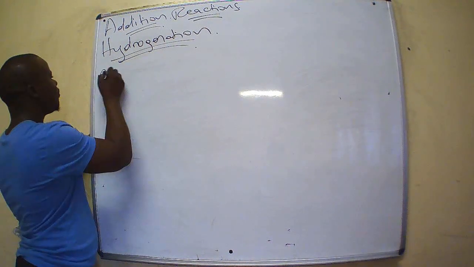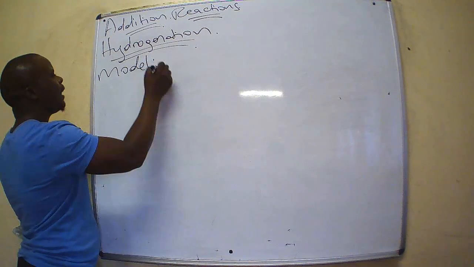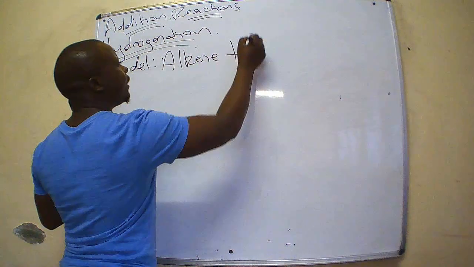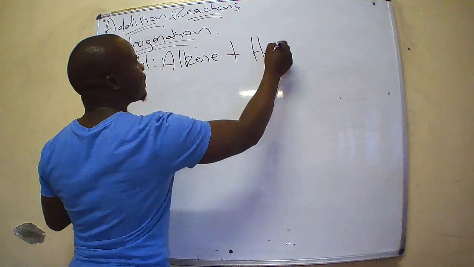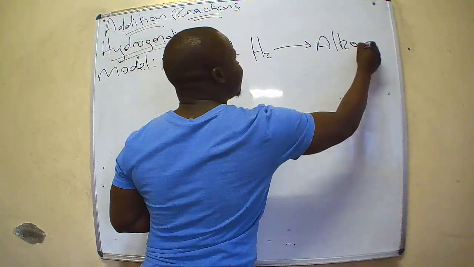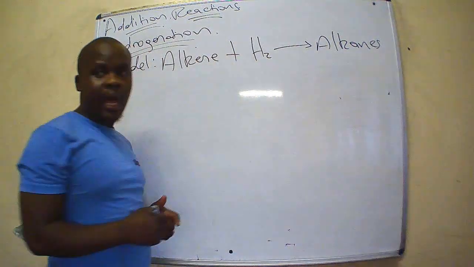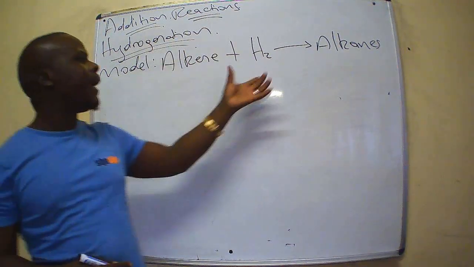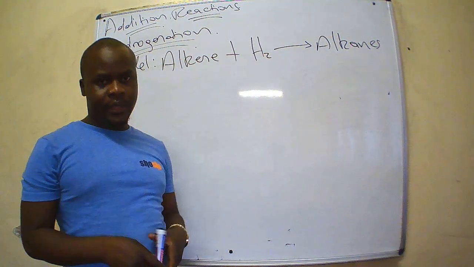So the model is such that we have an alkene. This alkene reacts with hydrogen gas, and when they react, we are going to make alkanes. Straight chain alkanes are made from a reaction between alkenes and hydrogen, which is in gaseous state.